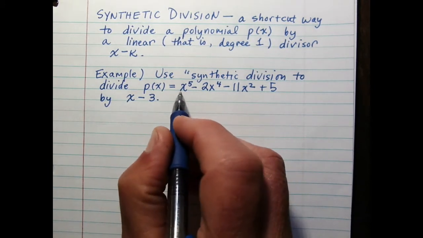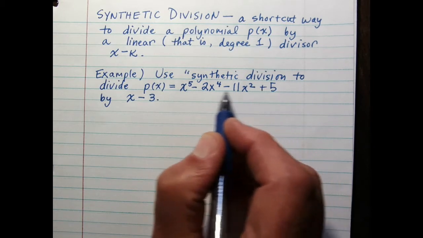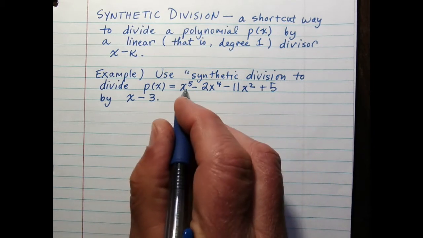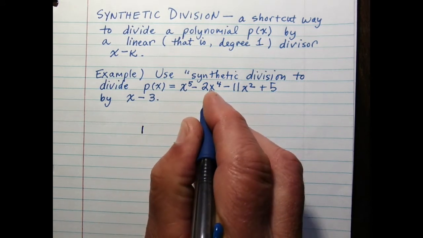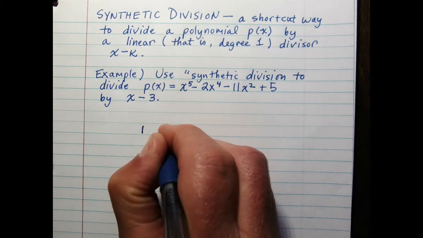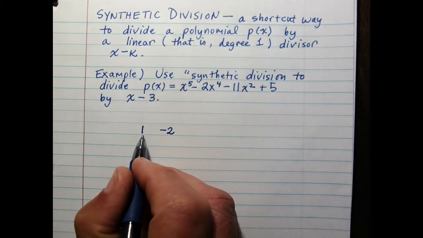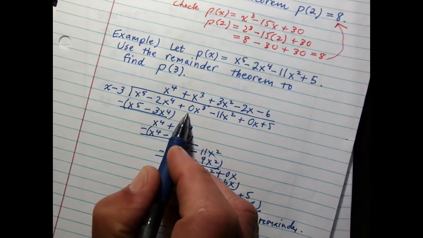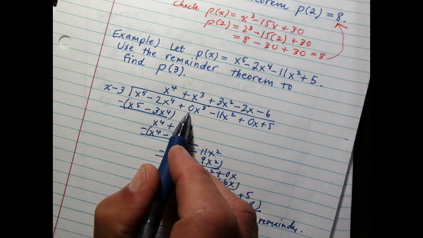So here's what I'm going to do. I'm going to start out by not writing down the whole polynomial p of x, but I'm just going to write down its coefficients. So the coefficient of x to the fifth is 1. The coefficient of x to the fourth is negative 2. Now, just like when you do long division, if a power of x is missing, you need to put a 0 coefficient in the place of that term.